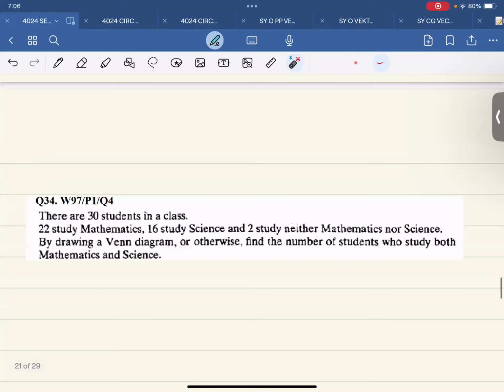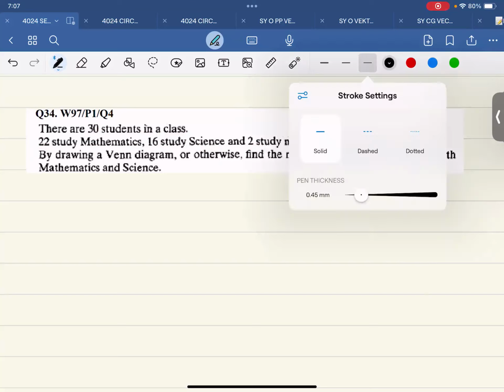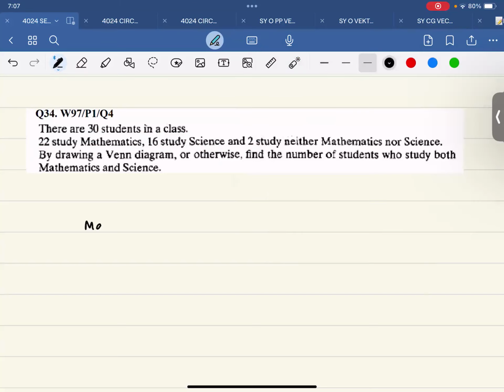The question says, there are 30 students in a class. 22 study math, 16 study science, 2 study neither math nor science. So there are 2 subjects that we are talking about. The first one is math and the other one is science.